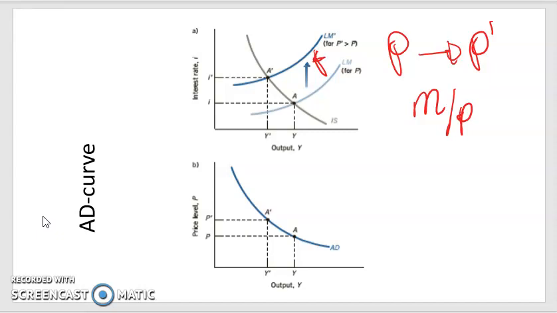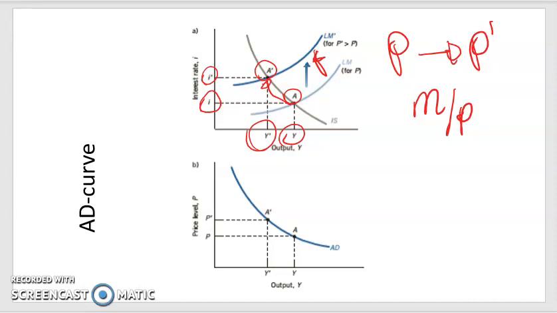At a given output, a decrease in real money stock leads to an increase in the interest rate. So the economy will move along the IS curve from A to A prime. Interest rate will also increase, and output will fall because of the negative relationship between interest rate and investment. An increase in the price level leads to a decrease in output.